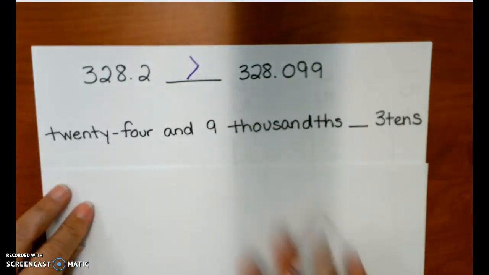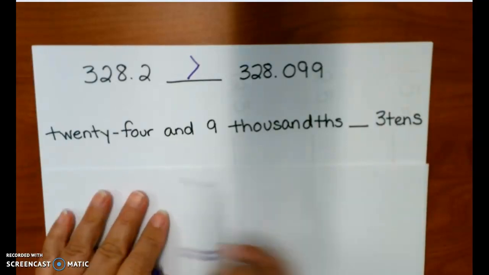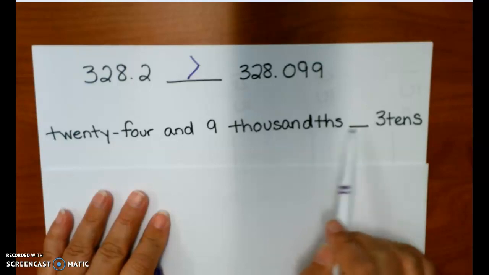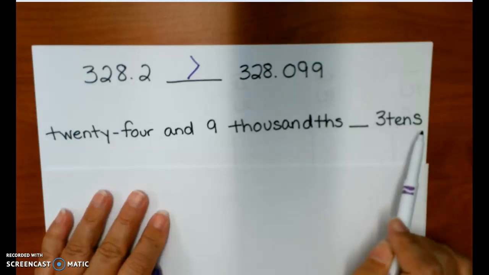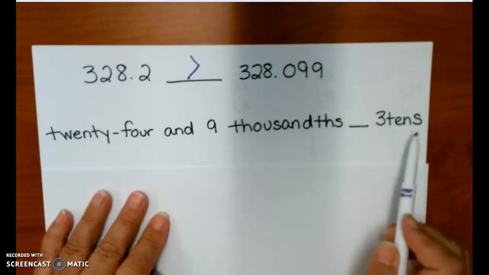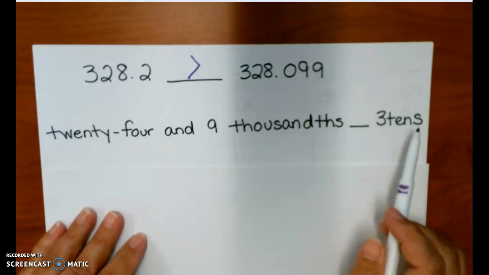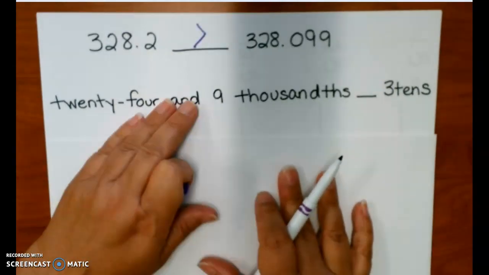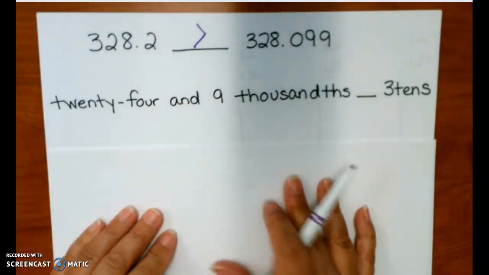Okay, let's look at the last one. 24 and 9 thousandths compared to 3 tenths. Well, these are in unit form and partially word form. This confuses me, so I want to write them in standard form because it'll make it much easier to compare place values.